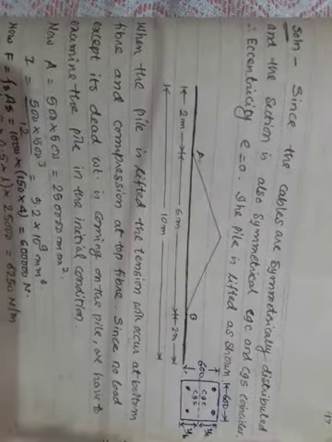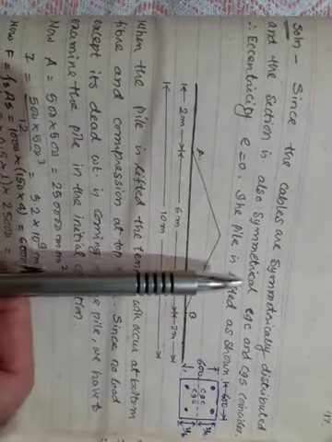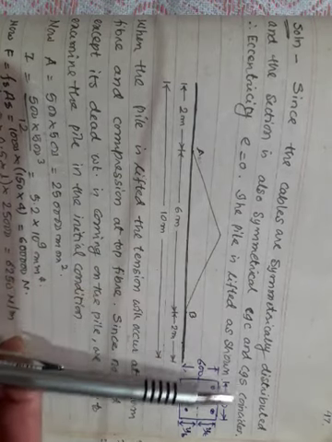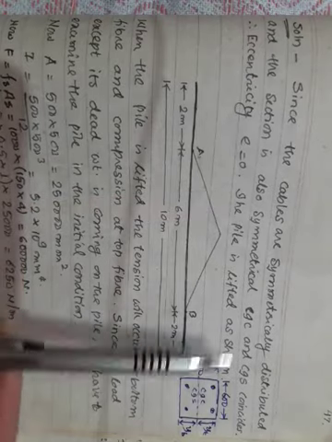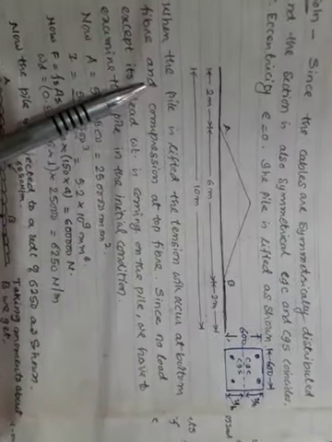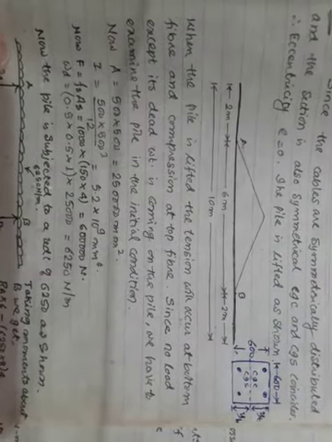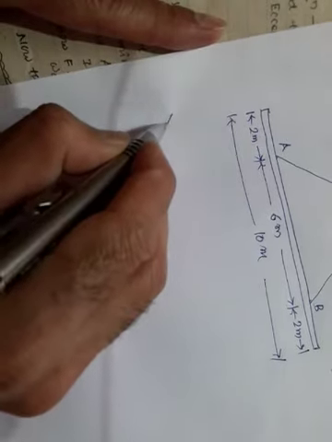As I have already explained, since the cables are symmetrically distributed and the section is also symmetrical, CGC and CGS coincide. Therefore, the eccentricity is 0. The pile is lifted as shown in the figure. Now what happens is, when you lift the pile, it is going to bend like this.